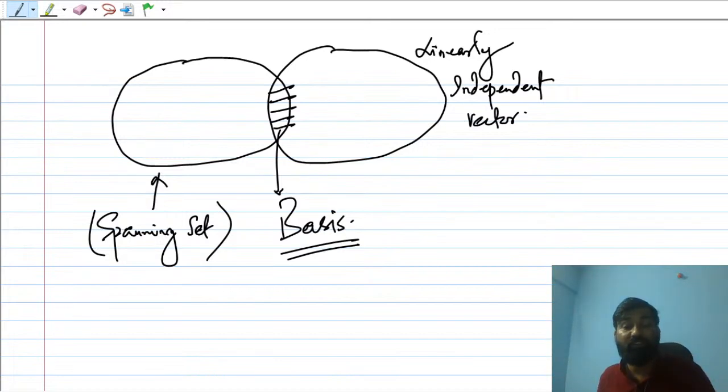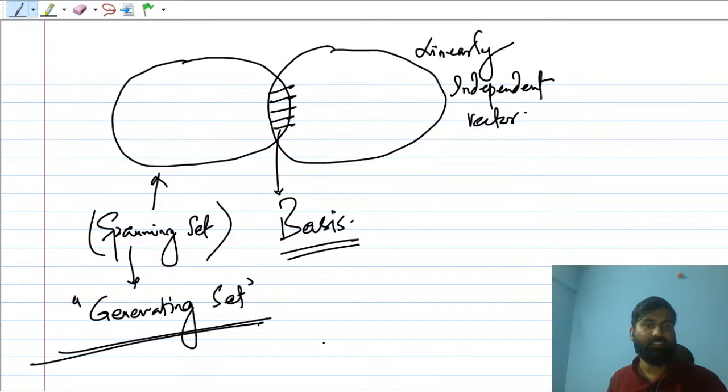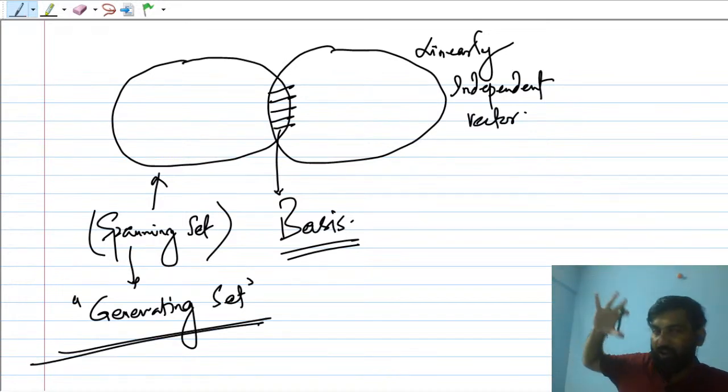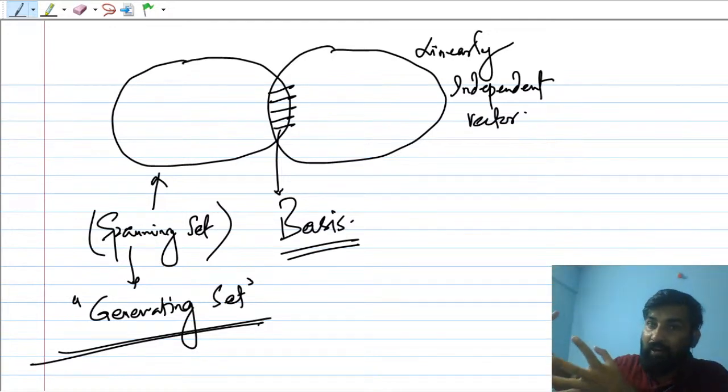Now we have to understand what is the meaning of spanning set. We'll discuss these things. Spanning is nothing but generating sets. If any vector is given and you have got other vectors also, can we generate that vector with the help of the other vectors?